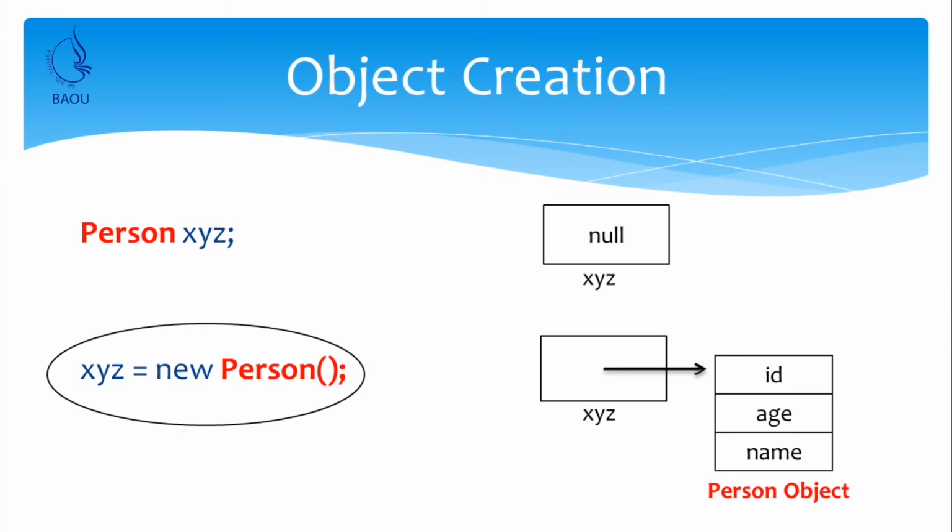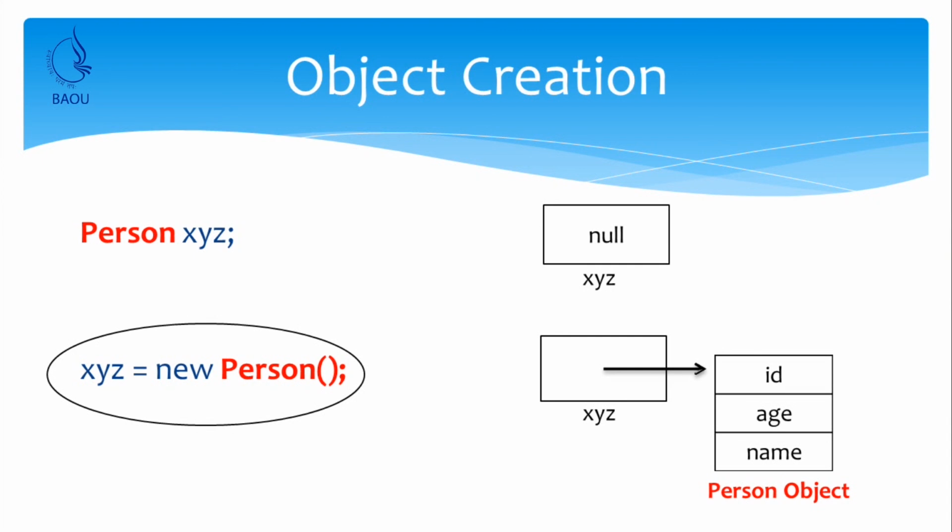Once object is created, how memory is allocated is represented on screen. So, here when you write person xyz, xyz has no reference, so it is assigned null, but when you write xyz is equal to new person, which is shown in oval, memory is allocated for xyz and the same reference is assigned to xyz. Now, when I create a person class object, it has 3 instance variables.